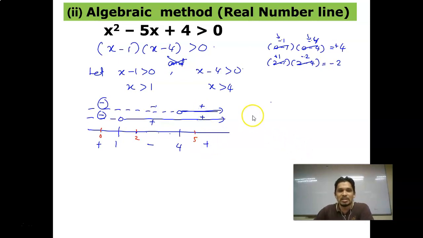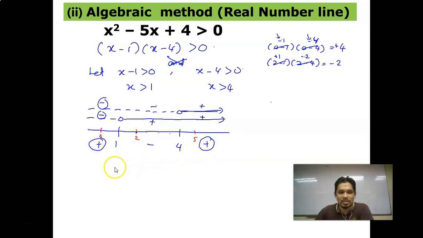Okay, so let's get back to these inequalities here. x minus 1 times x minus 4 greater than 0. Of course, the numbers that are greater than 0 are always positive, right? So this here, and here.